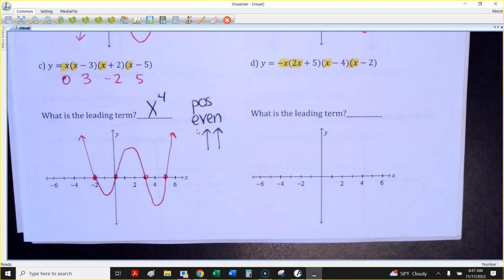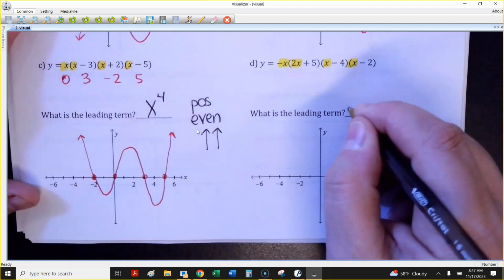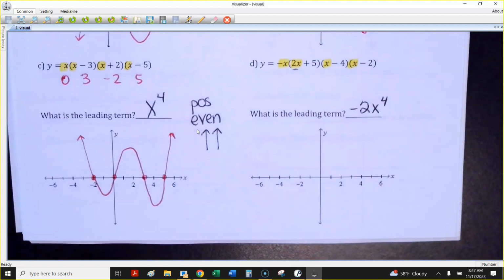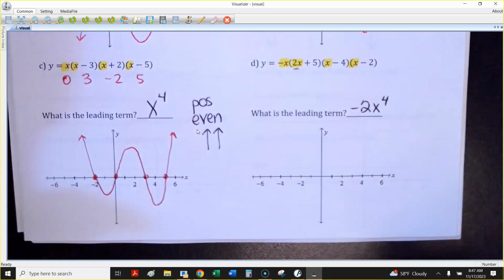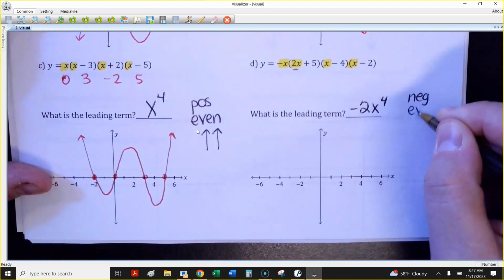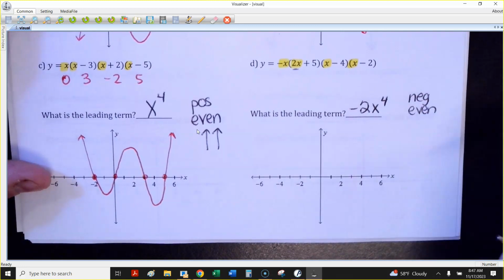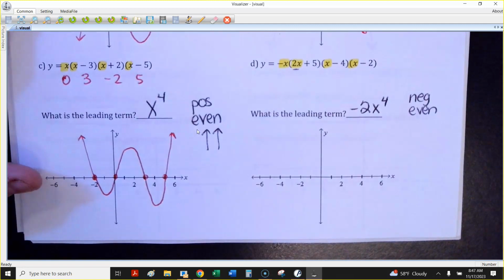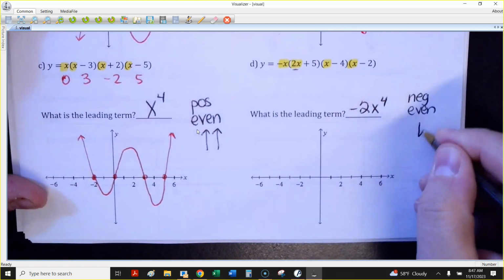She says negative x to the 4th. The 2, yeah. Negative 2. Because you got, see the 2 right here? This is tricky. So negative 2x to the 4th. Now, this guy then is negative because of the negative 2. But it's still even because my exponent is 4. And if it's even, both ends go the same direction. If it's negative, we're both going down.